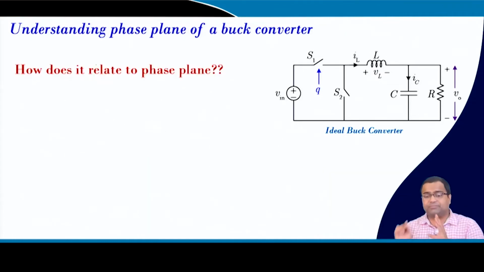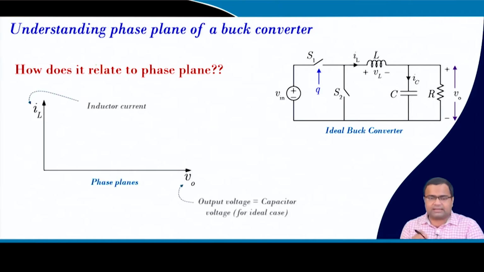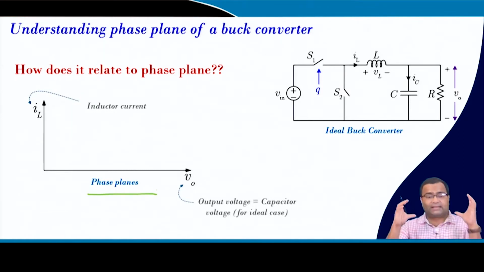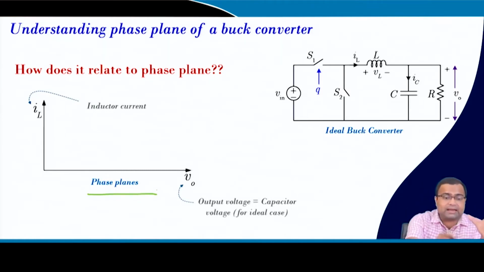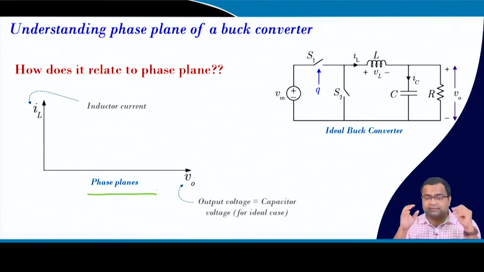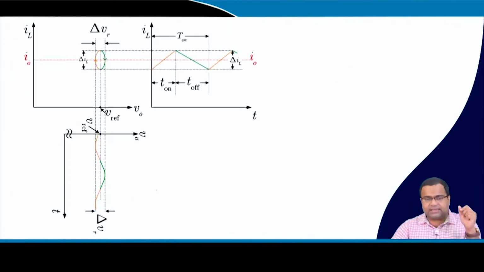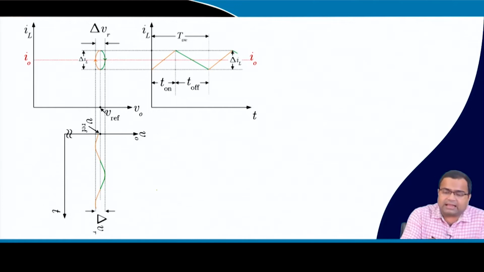So, this is a time domain behavior. How can we relate this time domain behavior to the phase plane? If you draw the output voltage on the x axis and the inductor current on the y axis, you will see that this is the one which I have shown earlier.